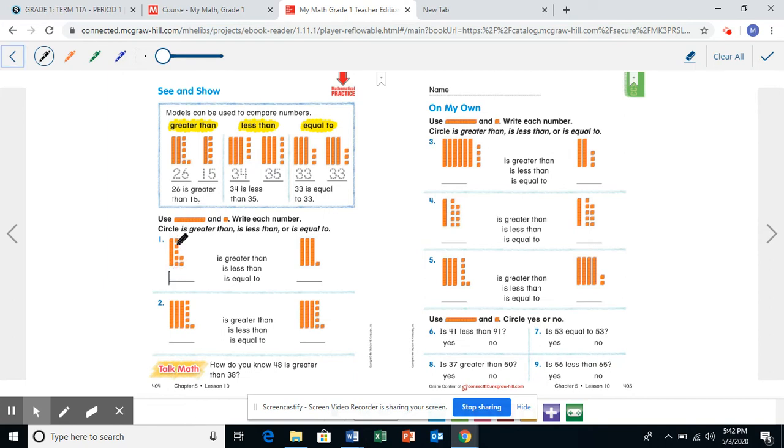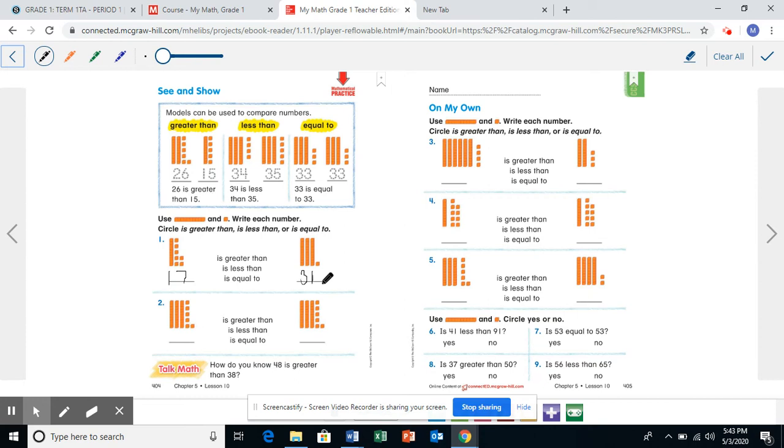And I'm going to count 1, 2, 3, 4, 5, 6, 7. I have 7 single cubes. Then here I have 3 10 base, so my 10 base is going to be 3, and my 1's place is going to be 1. Okay, so here I am going to look. 17 is greater than 31.